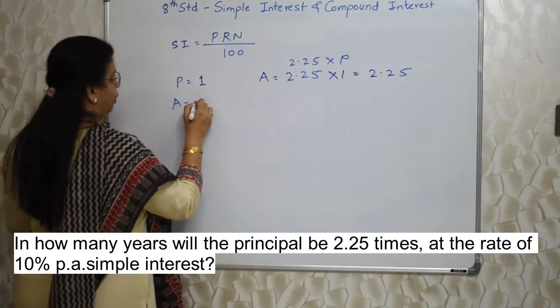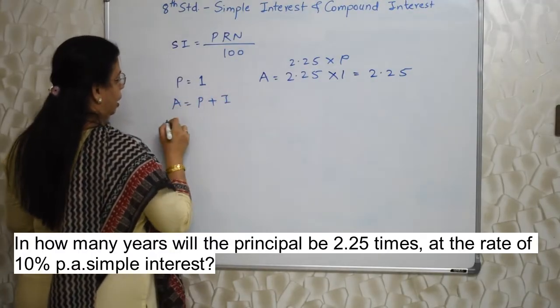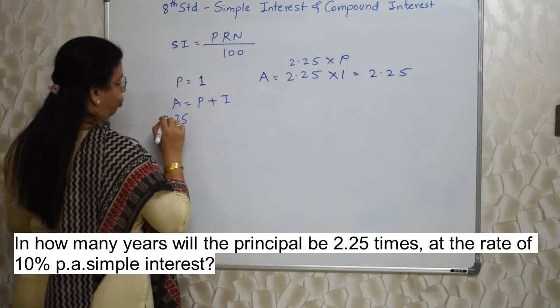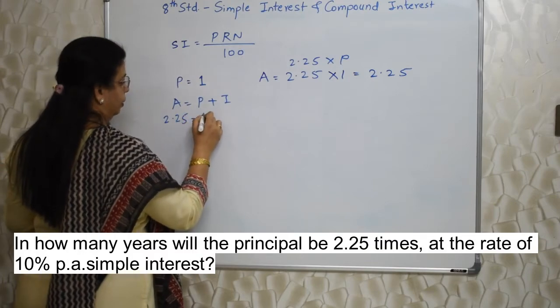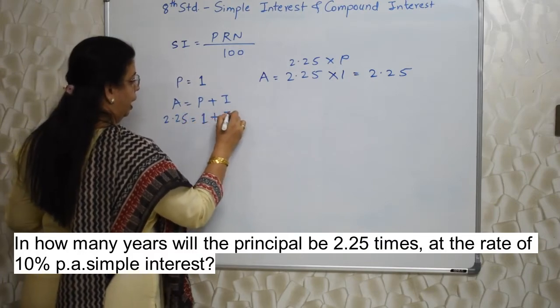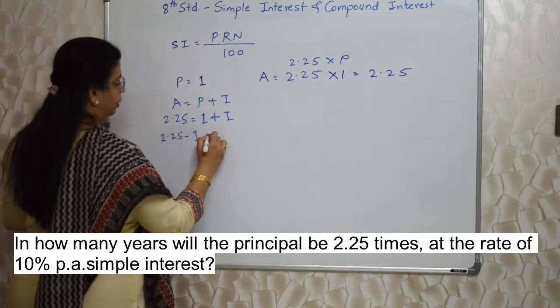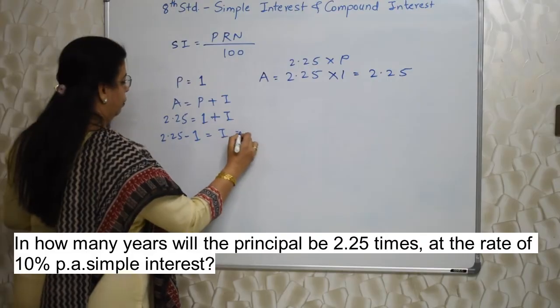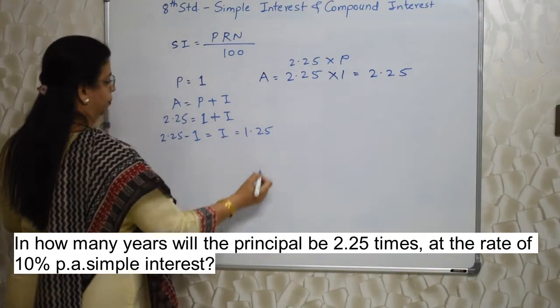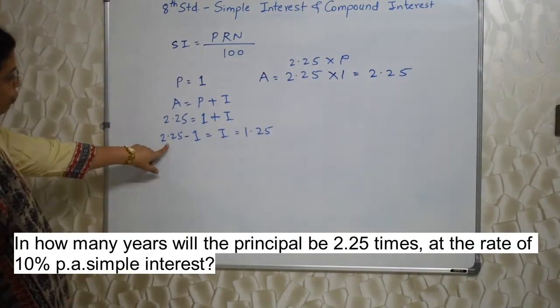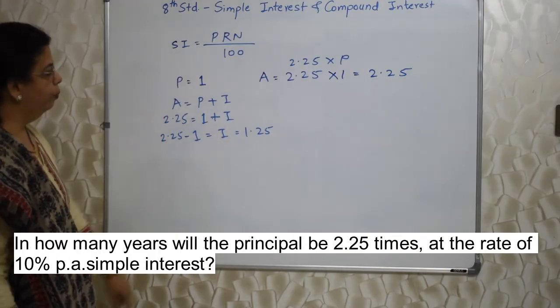See, amount is equal to P plus I. Amount they are saying is 2.25. P is 1 plus I. So I is what? 2.25 minus 1. That will give me I. That is equal to 1.25. Right? 2.25 minus 1.